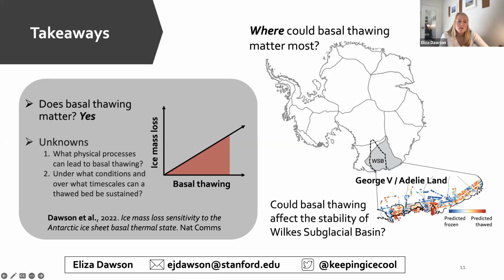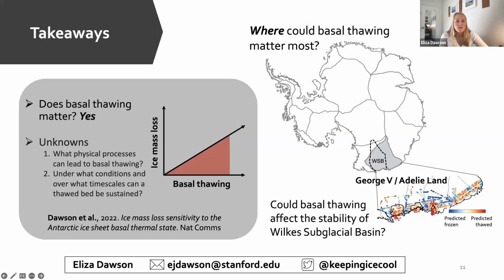Some of the unknowns that still came out of that work, though, are what physical processes can actually lead to basal thawing in the first place, and under what conditions and on what timescales can a thawed bed actually be sustained. If you're curious about that, I'll point you to my paper that came out on that recently, and you can read more about that if you'd like.